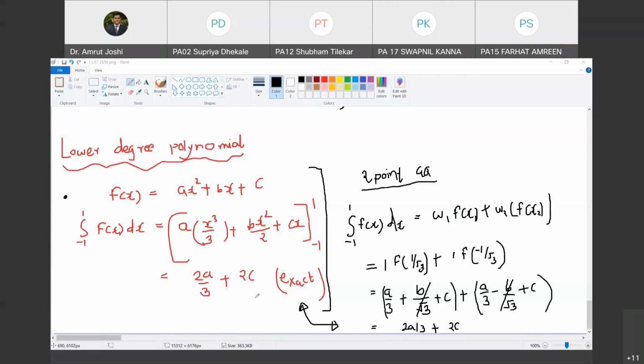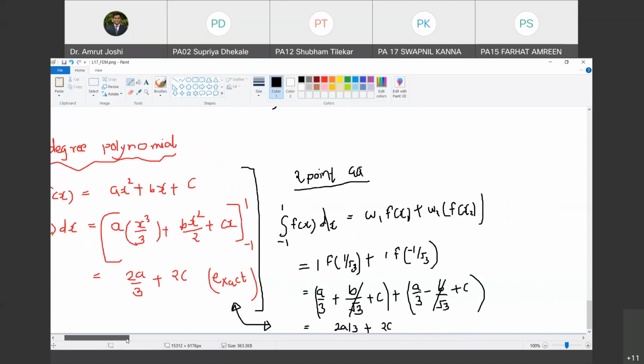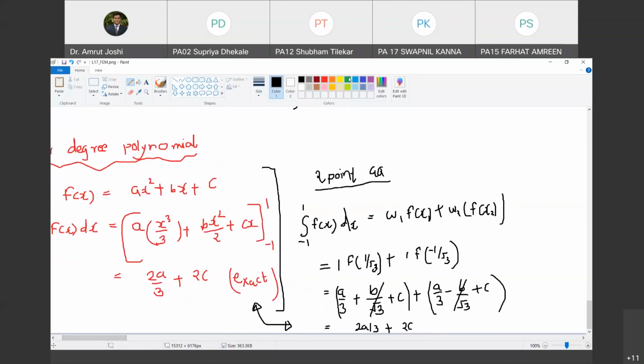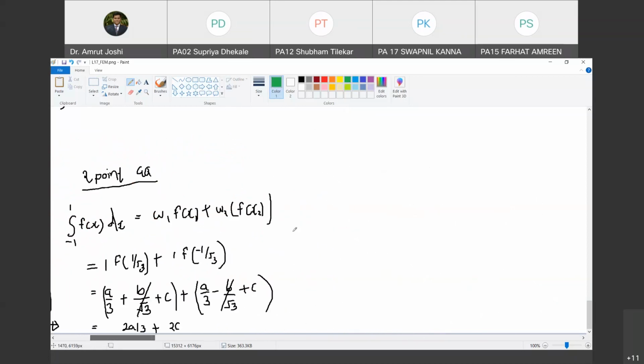Yes, sir. Okay, now lower degree polynomial, we will also try a linear polynomial, first degree polynomial. Are you with me? Yes, sir. So let f of x be equal to ax plus b. So what is its integration from -1 to 1, f of x dx? Tell me, what will it be?